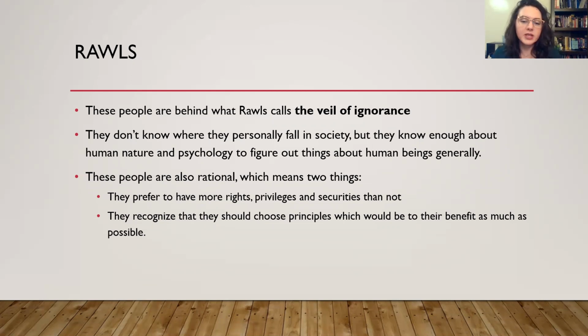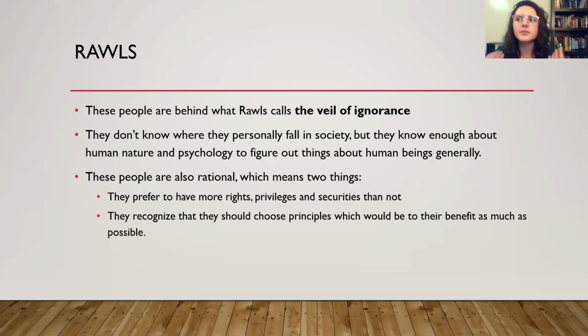So as these people are constructing this society, even though they don't know a lot of particulars about themselves or where they fall in the society, there are a few things that they are aware of. So first, they know enough about human nature and psychology to figure out things about human beings generally.